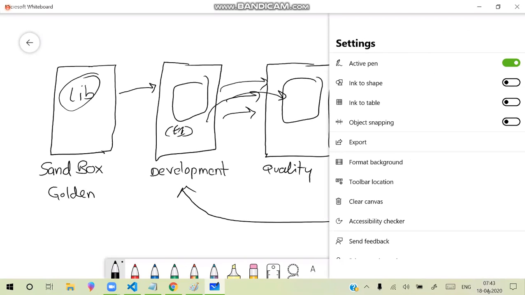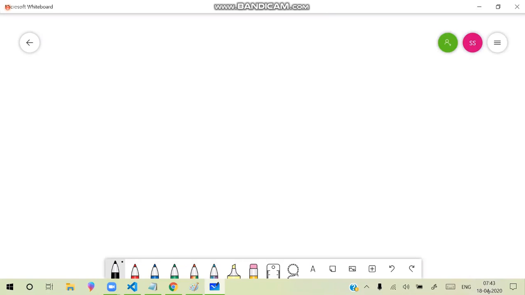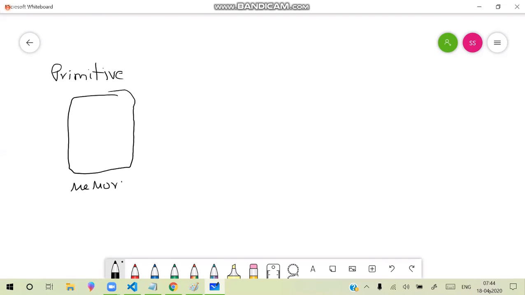For a primitive type, a memory is allocated, and this memory is a stacked memory. That means it uses a mechanism called last in, first out.